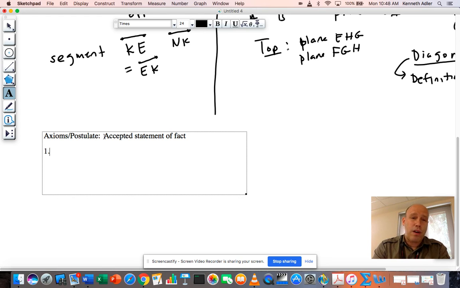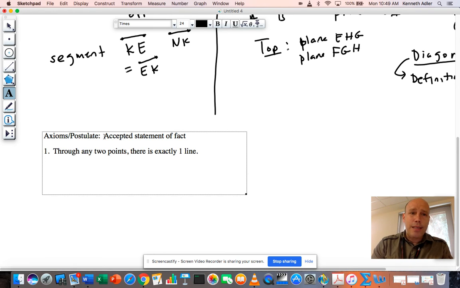Okay, let's say our first axiom. Our first axiom is: through any 2 points, there is exactly one line.